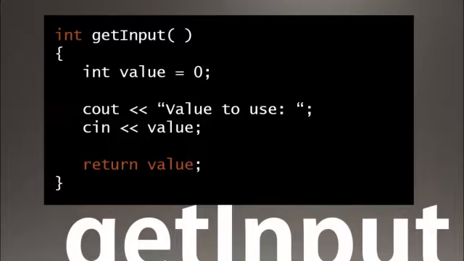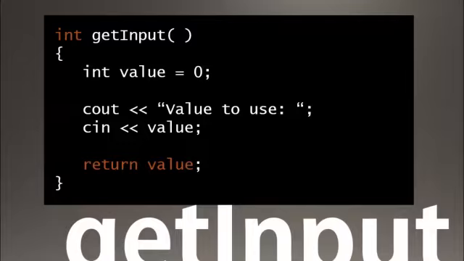So let's trace this down line by line. We have a variable called value declared and initialized to 0. We have a prompt and an input statement to gather the value from the user. So the user sees the prompt, he types 10 at the screen prompt, and that value, the integer value 10, is assigned to the variable value, which is then returned. That final statement down at the bottom that says return value takes that 10 that the user assigned to the variable and returns it back to the calling function.